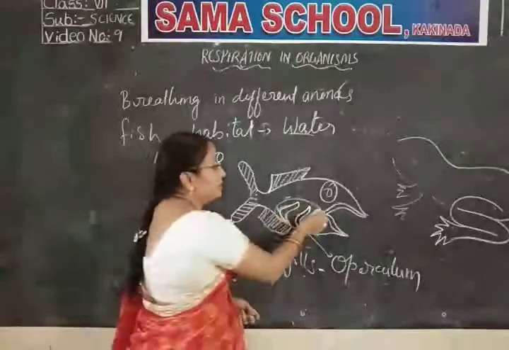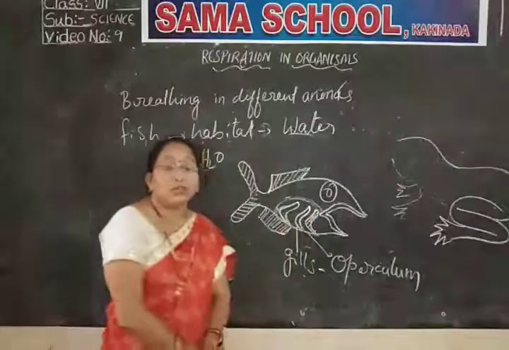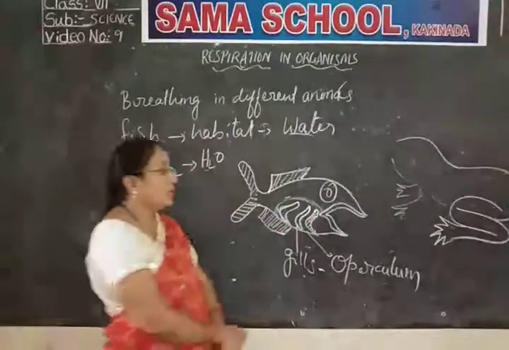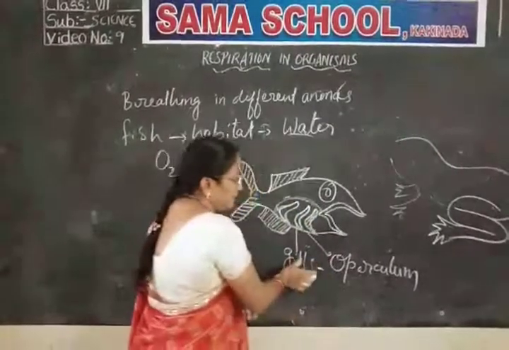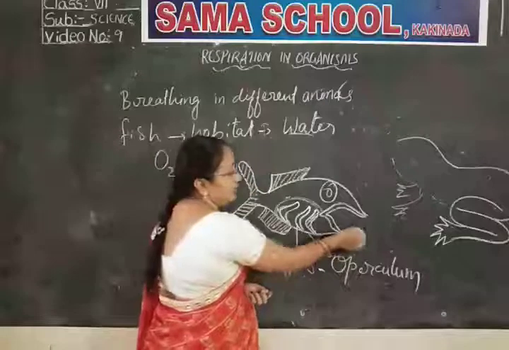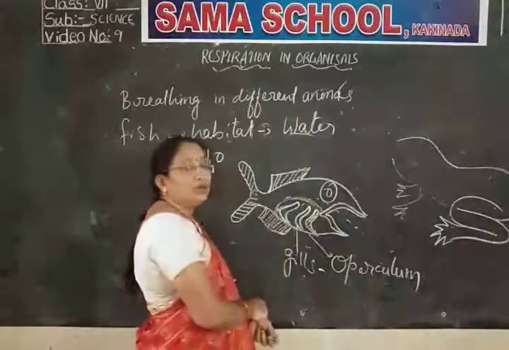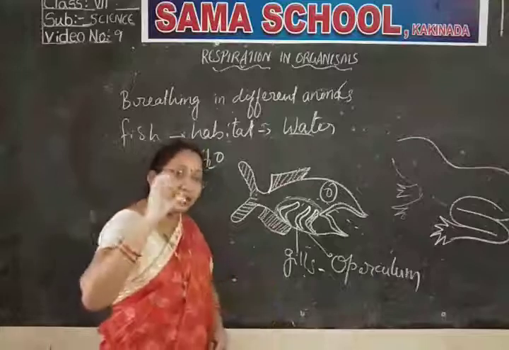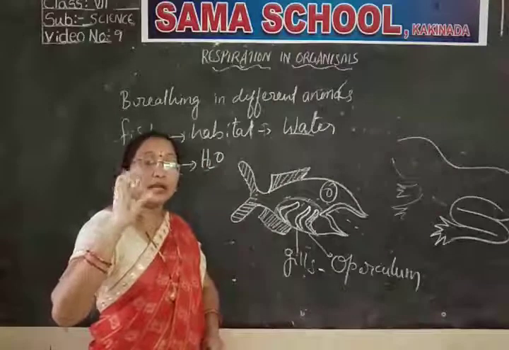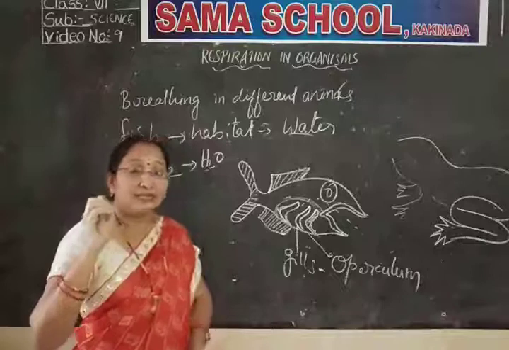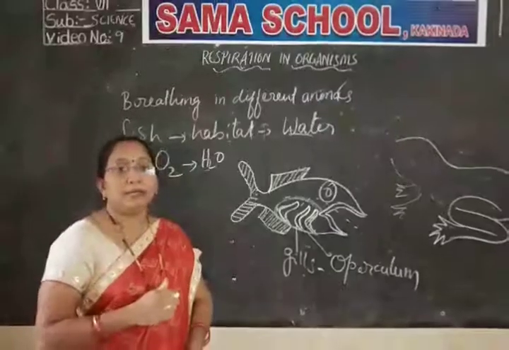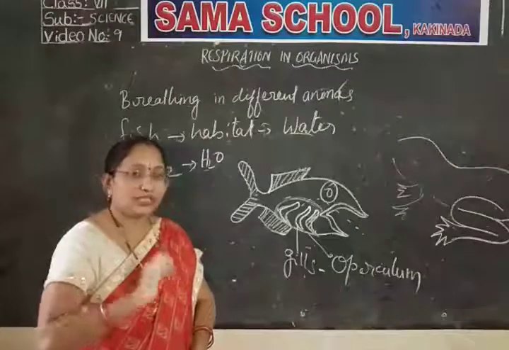So how does respiration happen through the gills? We'll see. The dissolved oxygen will enter into the mouth. A fish is always opening and closing its mouth. Did you observe? If you have an aquarium in your house, just watch the fish.